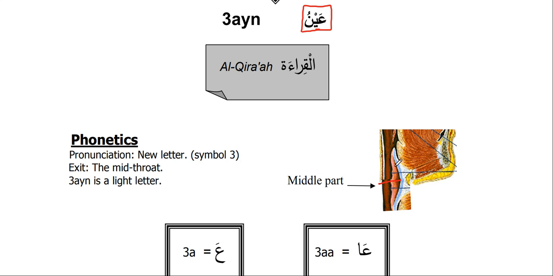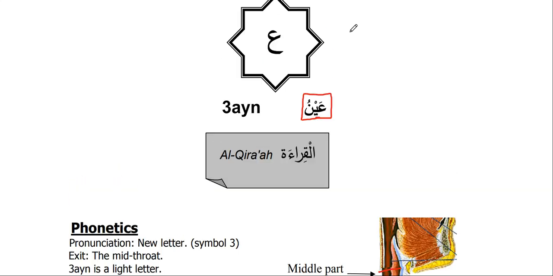It is from the middle of your throat, and this is known as the halqi letters. Halqi letters means the throat letters. Throat letters, these are all from the rules of tajweed. We have 6 throat letters, but know that Ain is from the throat letters, and this is spoken from the middle part of the throat.